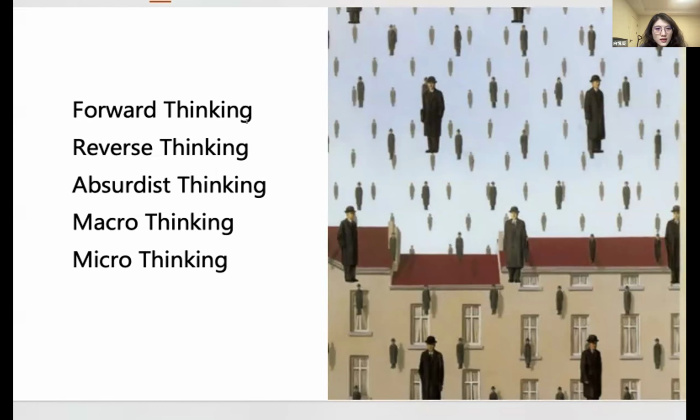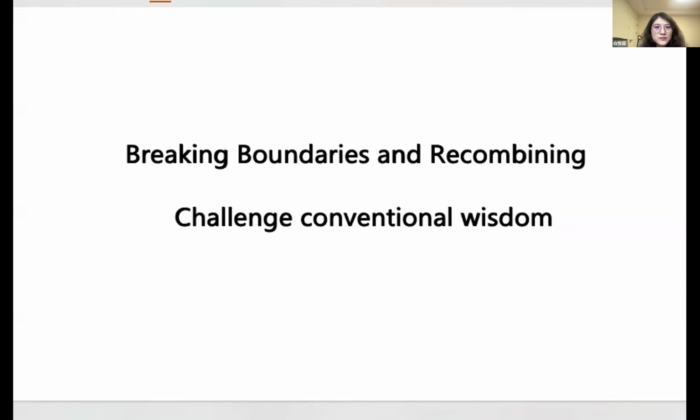And for macro thinking and micro thinking, you make your topic very, very big, and you can also think of it very, very small. If you use these five types of thinking in one project, I believe you will have more results and more different outcomes.